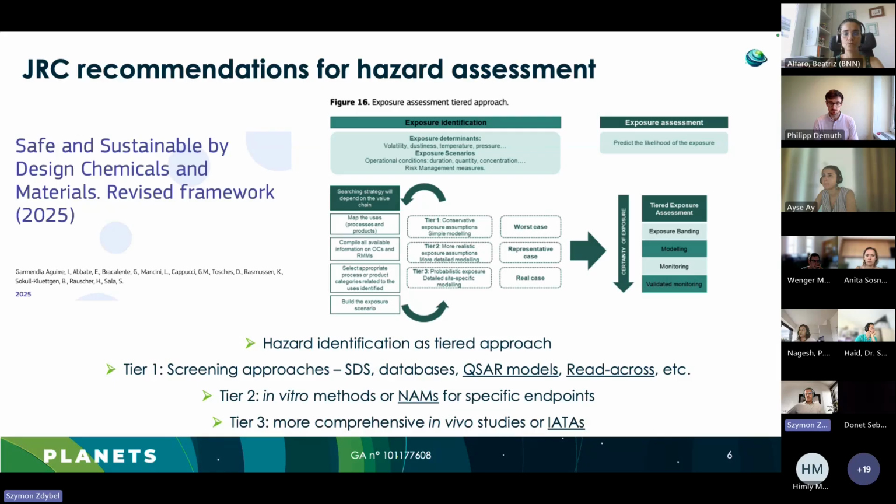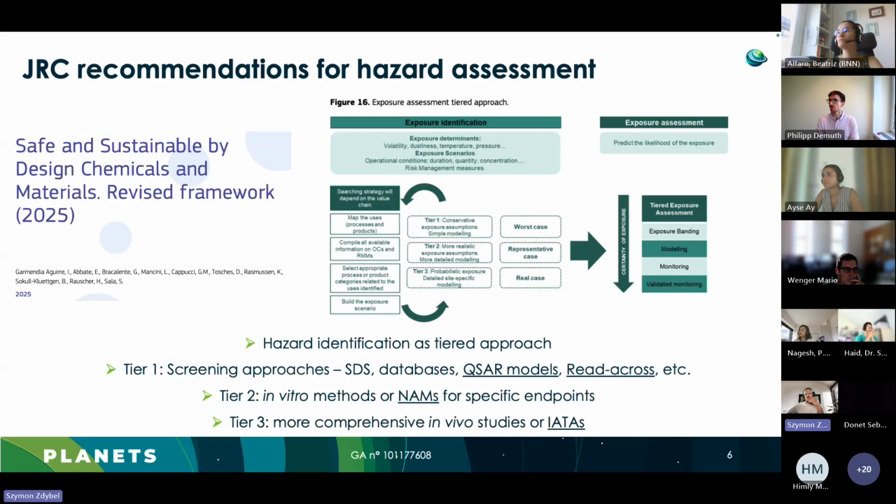For tier 1, we focus on screening. This means leveraging what we already have by screening the safety data sheets, existing databases, in silico models, and read-across data. If tier 1 does not provide enough certainty, we move to tier 2, which utilizes new approach methodologies, NAMs for short, and in vitro methods for specific endpoints.